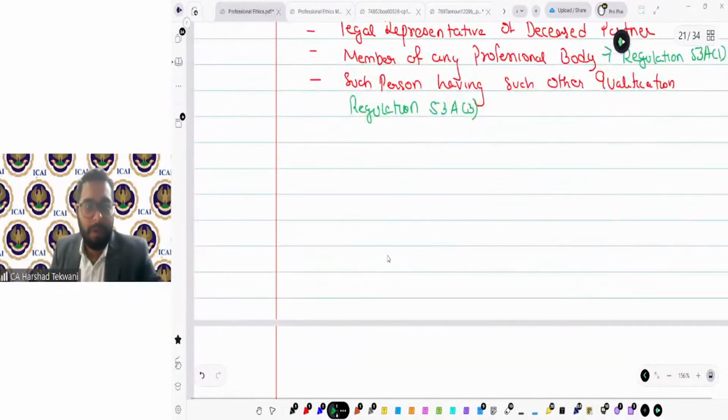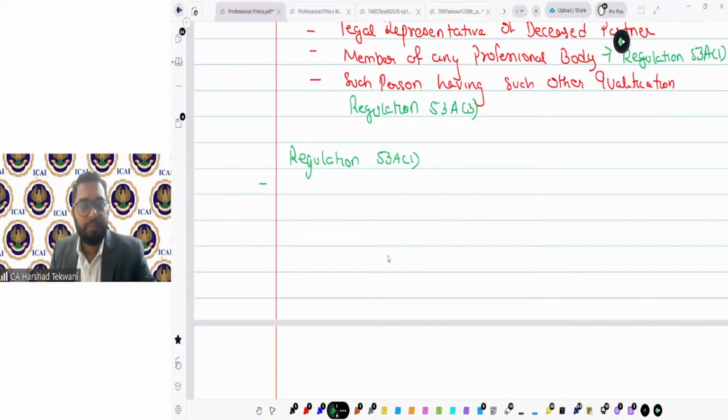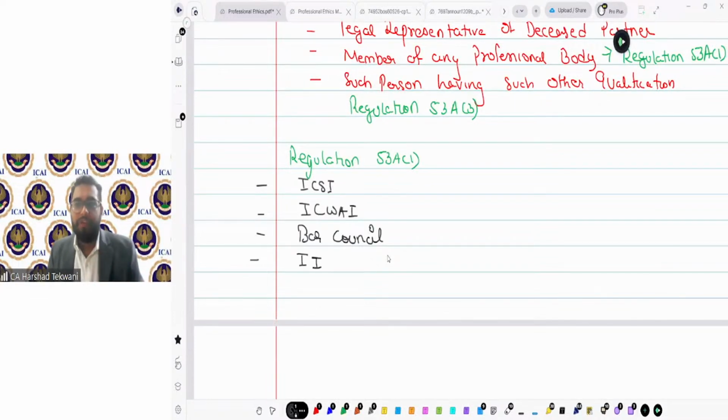So who is covered in 53A1? The Institute of Company Secretaries of India, ICSI, then the Institute of Cost Accountants of India, then the Bar Council, then the Indian Institute of Architects, then the Institute of Actuaries of India.